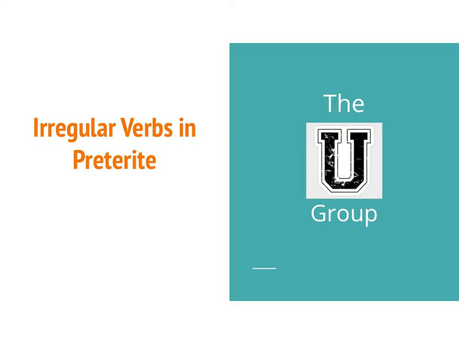So you basically have to memorize their conjugation boxes. Now, in preterite, there are many irregular verbs. So Spanish teachers came up with this idea of grouping irregular verbs to help students remember them and also help them find patterns. So today I'm going to talk about the U group.